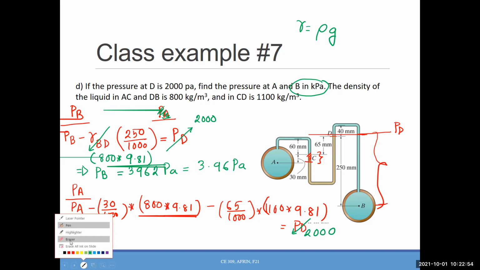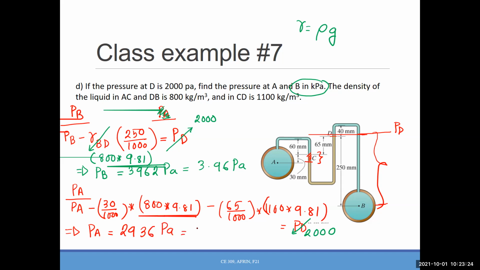Now give me the answer for PA in Pascal and kilopascal. What is the answer you got? 2,936 Pascal, but we need to convert that into kilopascal.